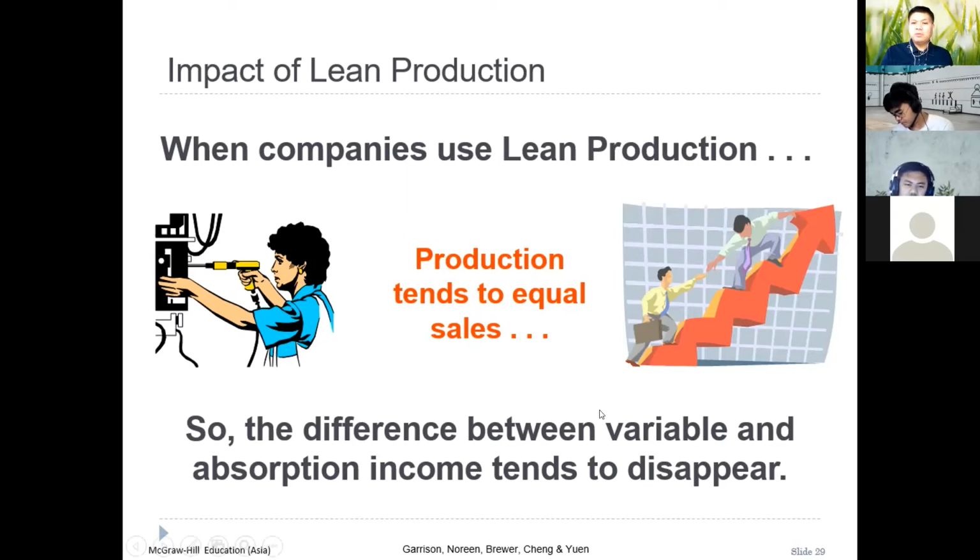So the difference between variable and absorption income tends to disappear. Di ba sabi natin kanina, no? When units produced equals units sold, then there is no difference between absorption and variable. So yung difference nawawala kapag nandun ka sa lean production.